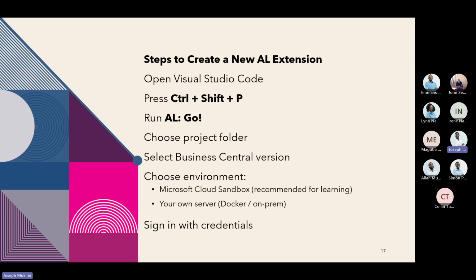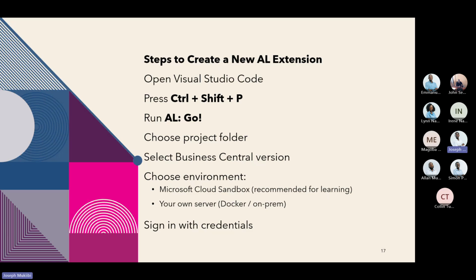So, steps of creating a new AL extension. These are steps that we've been doing, and I may not go into much detail. Open VS Code, then press Control Shift B, run AL: Go, and then choose the project folder, then select the Business Central version.